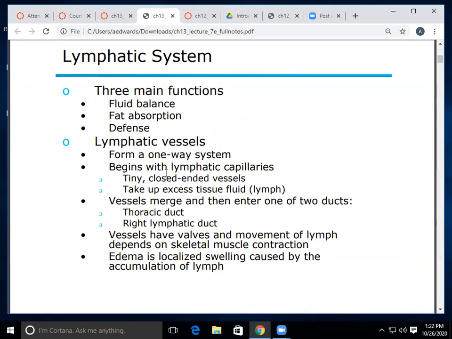A medical condition related to the lymphatic system is edema. That has to do with localized swelling. That just means swelling in a specific point or part of your body caused by lymph that's accumulating. Okay.